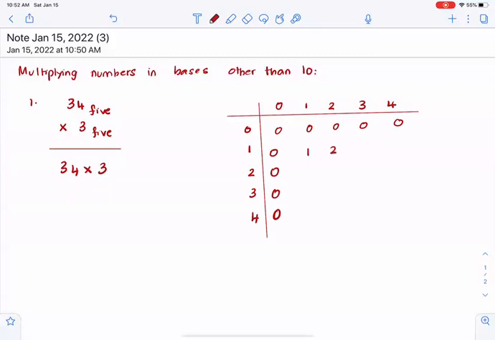So 1, 2, 3, 4, not a problem. 2, 3, 4, not a problem. 4 is not a problem, but 6 is. So 6 in base 5, we have to go back and write it out in our usual table. 0, 1, 2, 3, 4, 5, 6, 7. Keep on going. It's base 10 and base 5.